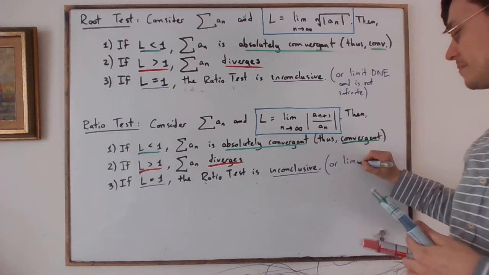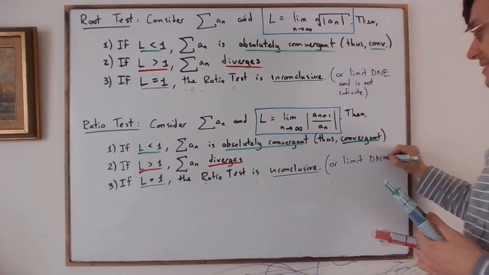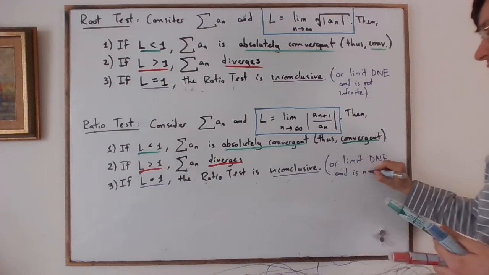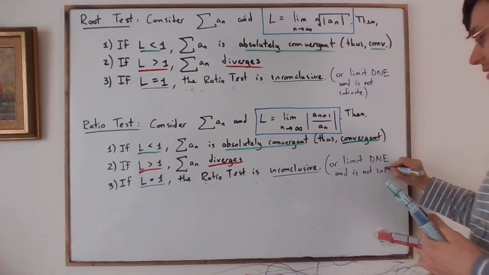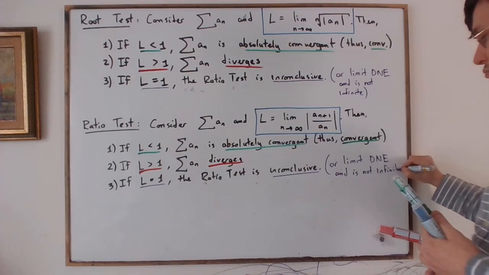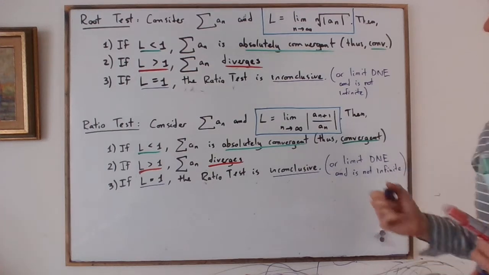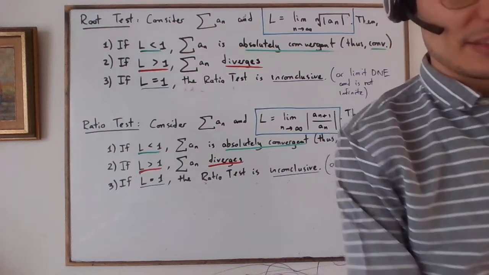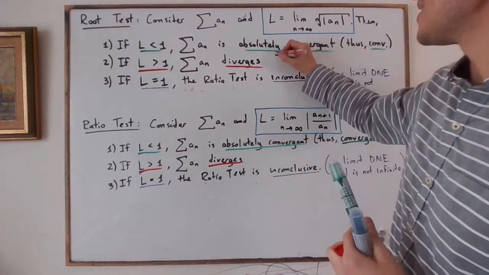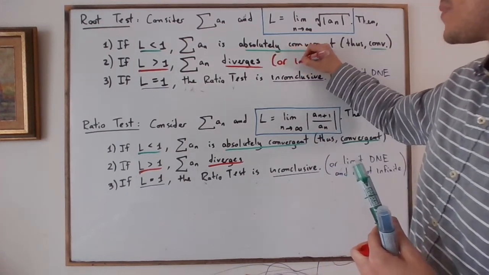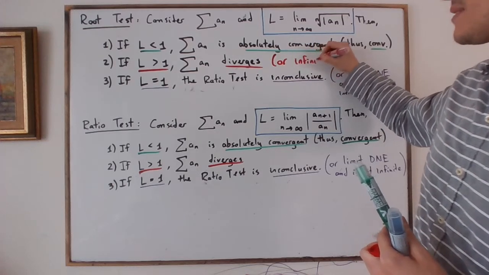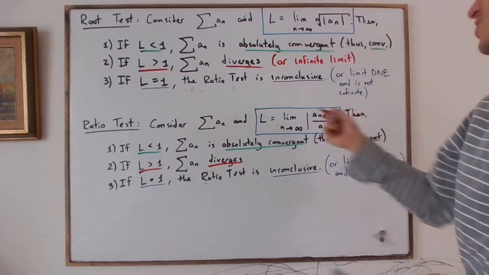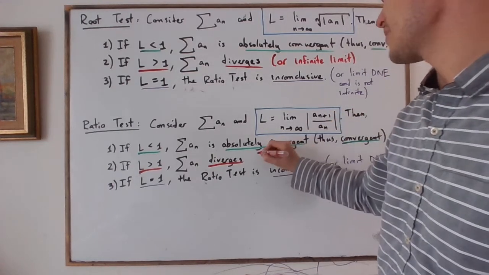Or the limit does not exist and is not infinite. Whereas in these cases, the limit not only is greater than 1, it could end up being infinity. So, an infinite limit. It cannot go to negative infinity because you're using an absolute value, right?